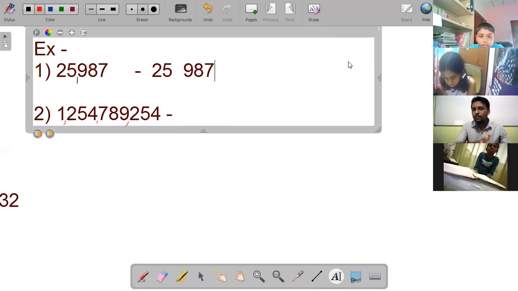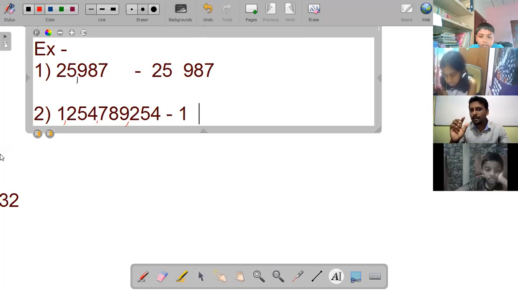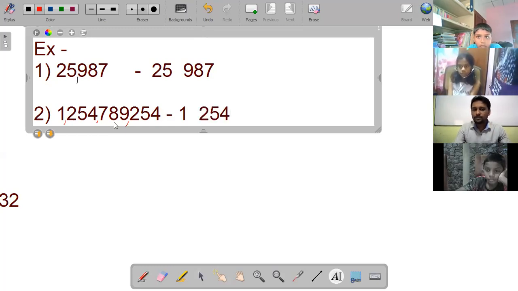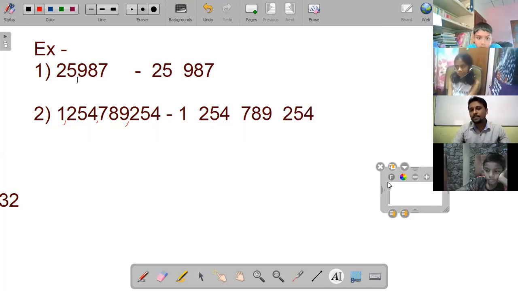The first group, first period is 1. Then you have to keep the space. Keep a space that is clearly visible. Right? Don't keep them so close together like micro-organisms that you can't see. Keep them so they are clearly visible. Next group value 254. Next group 789. Next group 254. Okay, that's the answer.